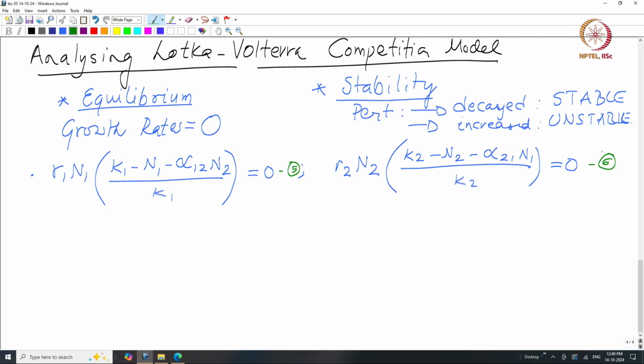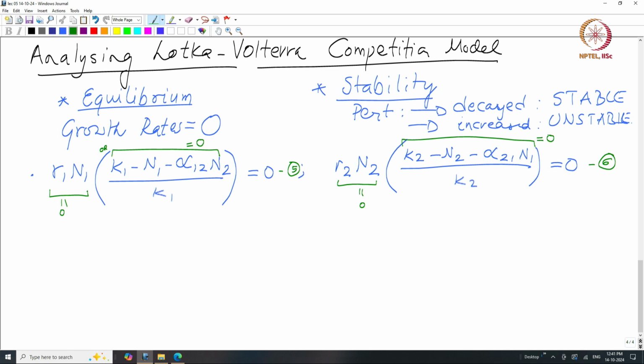So, for equation 5 to be 0, that can happen in 2 different ways. Either this is 0 or the numerator here is 0. Likewise, for equation 6 to be valid, I could have either this term to be 0 or the numerator here to be 0.